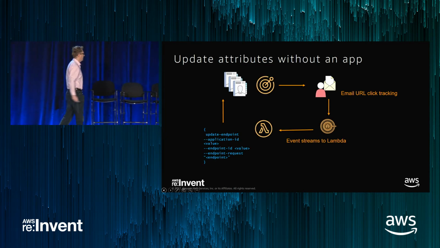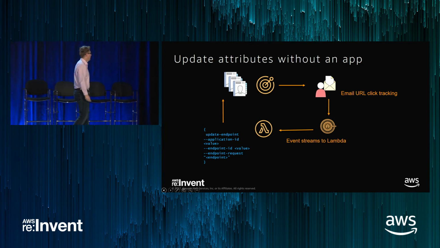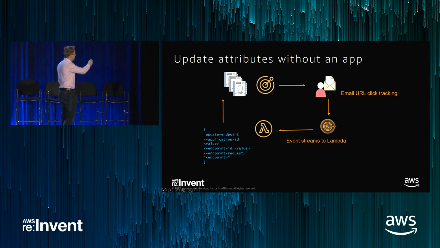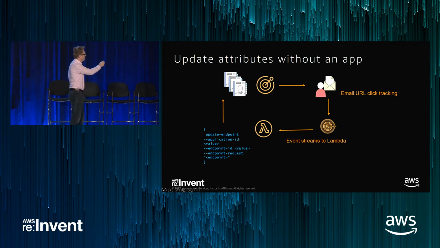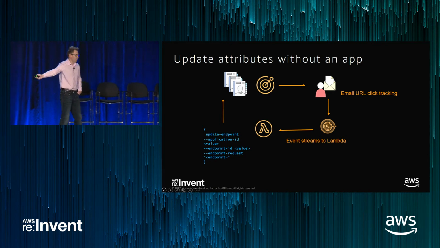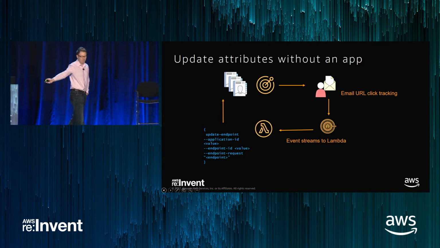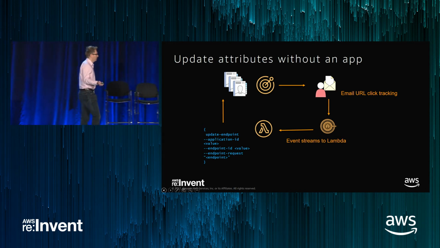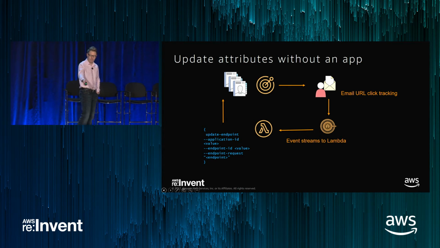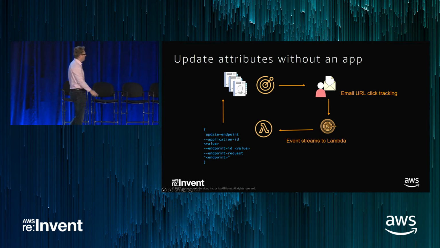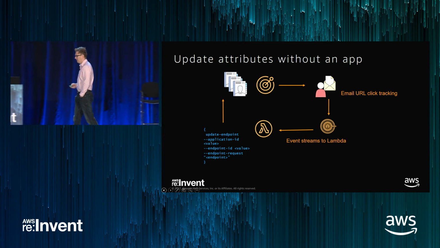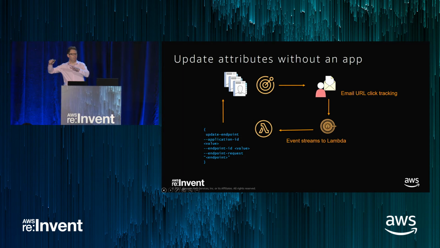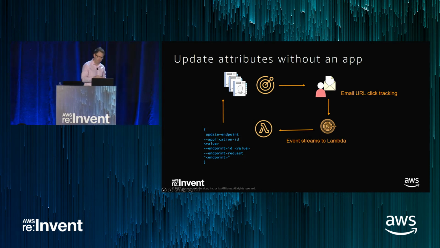And it will create a nice feedback loop that looks like this. So we started by calling update endpoint to create some email addresses. We targeted those by creating a welcome campaign. When I opened that email, all of the URLs are wrapped with a click tracking, which sends an event back to Pinpoint, which gets dropped in the Pinpoint event stream, which I pick up with my Lambda function, where I call update endpoint. And so I can actually update you from setting the marketing stage attribute from welcome to the next stage.